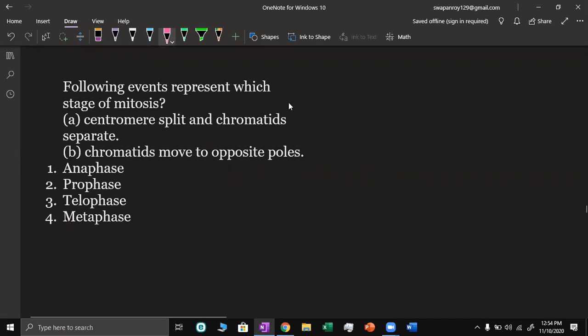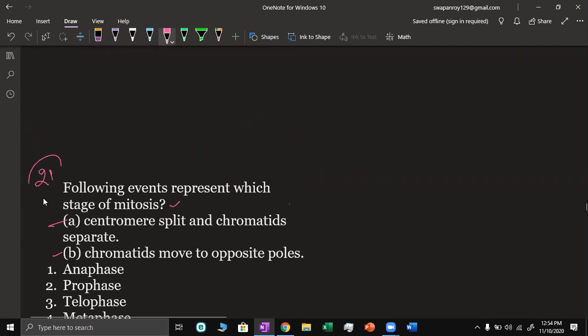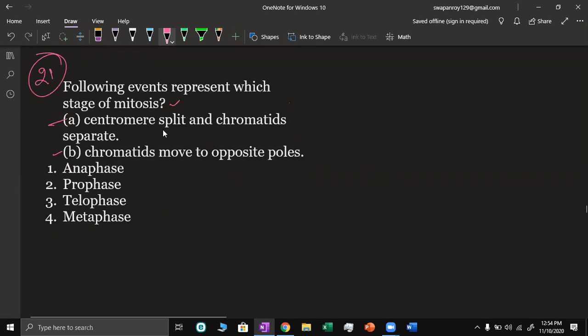Following events represent which stage of mitosis? Two statements have been given, A and B. Centromere is split and chromatids separate. Splitting of centromere and movement of chromatids of the chromosome to opposite poles.